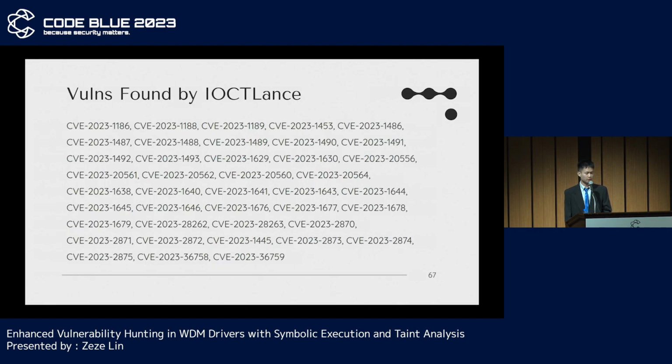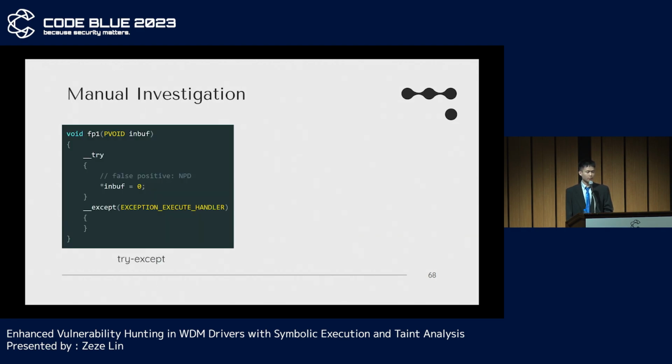These are the CVEs hunted by IOCTLance, including 4 from Microsoft and 5 from AMD. Once IOCTLance finds a vulnerability, we still have to manually investigate the driver to write a proof of concept to report to the vendors. However, some situations may make the vulnerabilities not important.